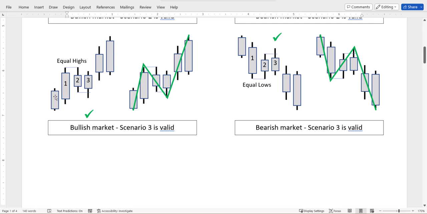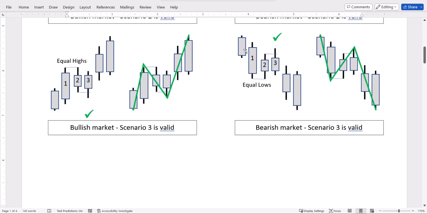So in this case, candle 1 is closed above the previous candle. Candle 1 and candle 2 have equal high on the wicks. Candle 3 has wick below the candle 2, so therefore this becomes a valid pullback because effectively these are considered one and the same as they have an equal high. So that is a valid pullback, and this is what the zigzag would look like on the chart.